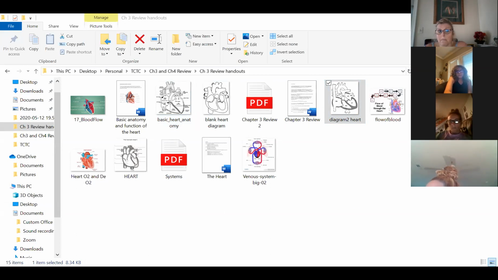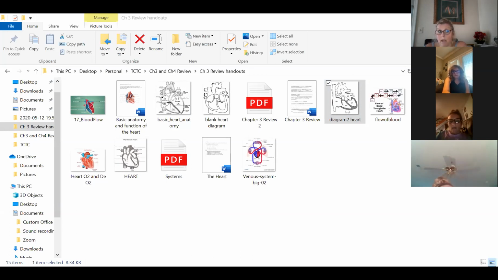Superior vena cava. It goes from, what's this one here? Where's this blue blood going from? Where's it come to? What kind of blood is this?